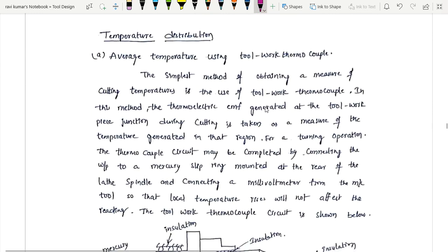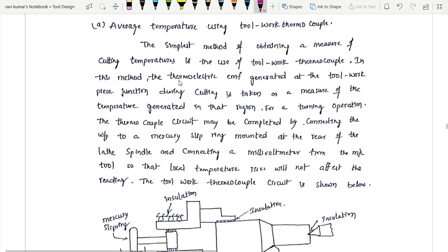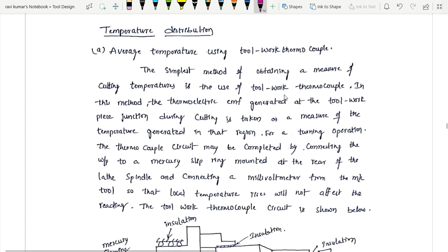Next, temperature distribution. One should also understand what is going to be the temperature distribution in the cutting region. So for understanding the cutting temperature in the cutting region, we need an instrumentation setup. That instrumentation setup, commonly used, we call the tool work thermocouple.